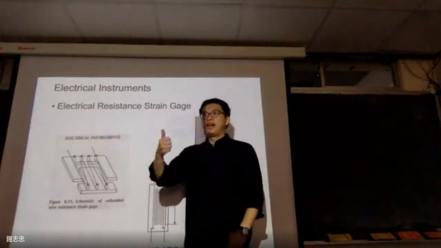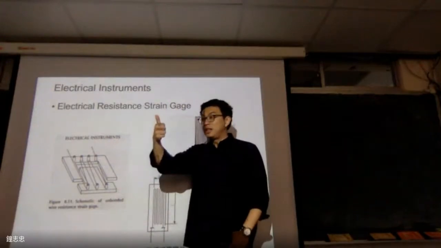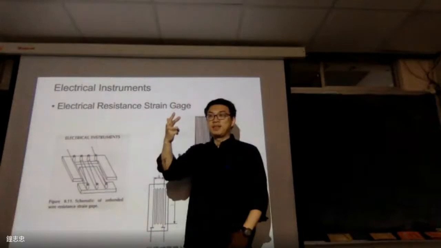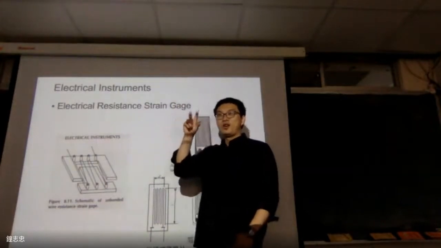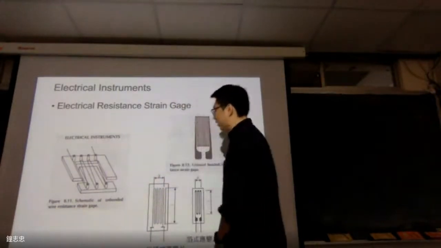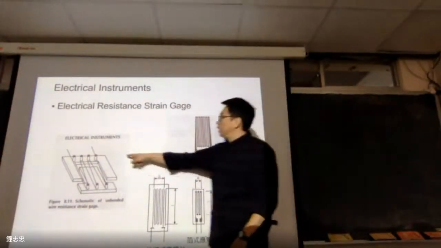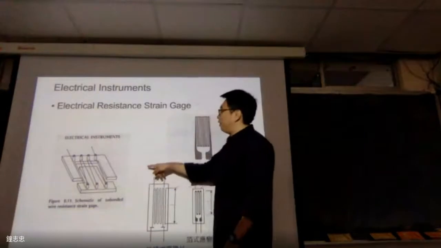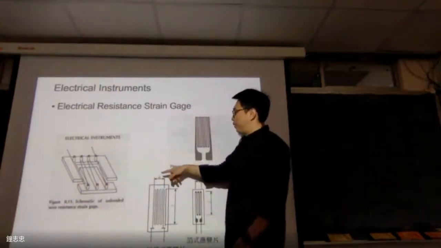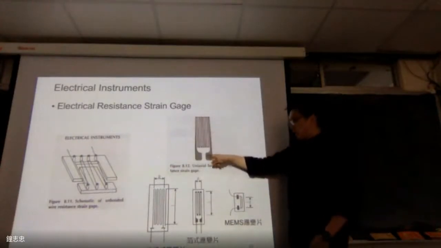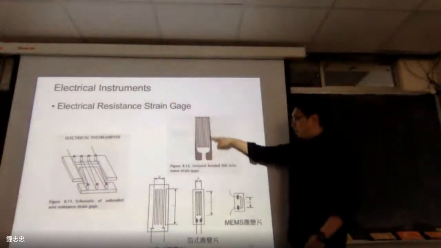So you already know electrical current, electrical voltage, and electrical resistance, right? You have Ohm's law for these three. So based on the electrical principle, we made an instrument like this one. This is what we call the strain gauge. Okay, so this is the real one.